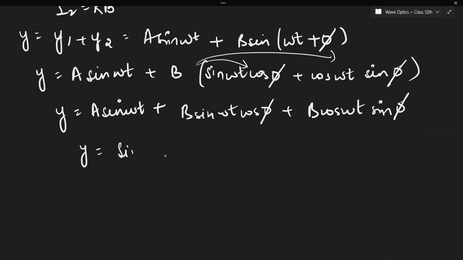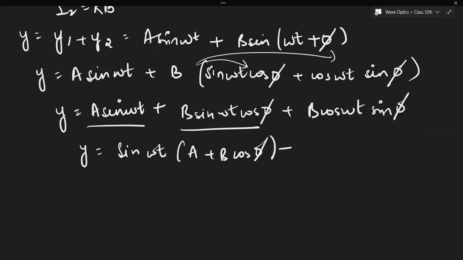Now, if you take sine omega t common from here, you are left with A, and here you are left with B cos phi. See, sine omega t I have taken common. So from here A, from here B cos phi, plus what is left? B cos omega t sine phi is left.